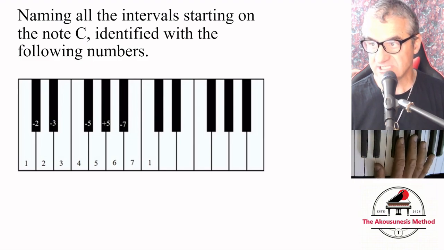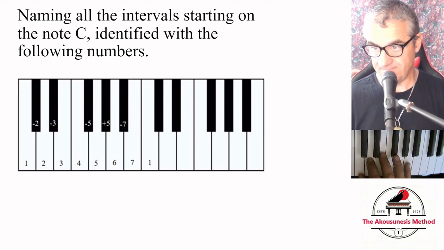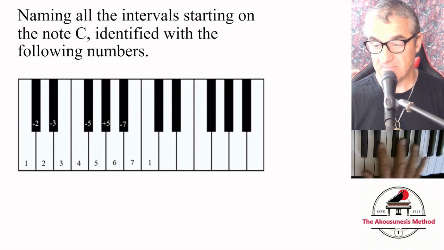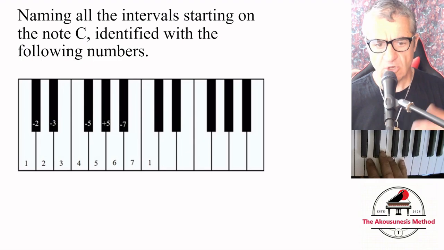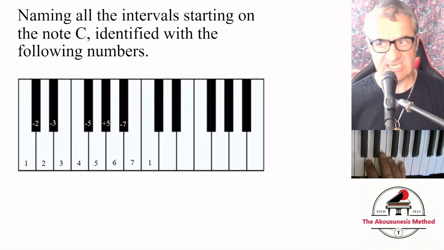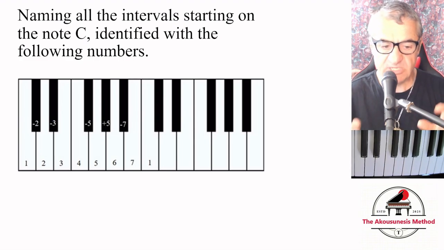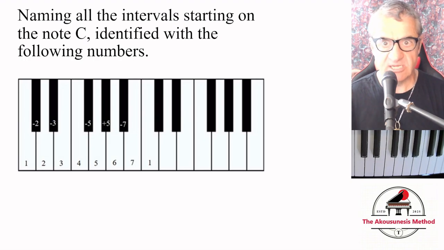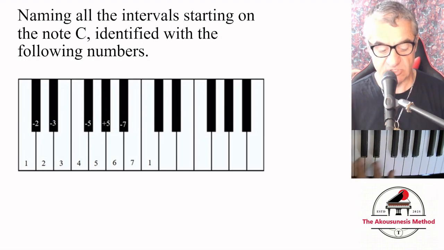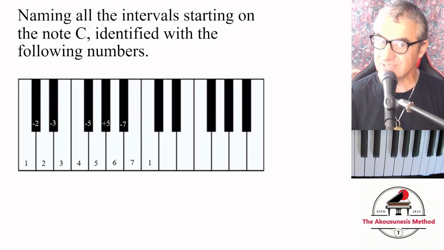And the black notes are named from the white notes, but only in the key of C. You'll see what I mean as we go along. All this stuff will make more sense the more you see it, the more you practice. Now, intervals are the foundation, and we'll be using intervals all the time in the Akousunesis method. So they'll become second nature, and you'll know all your intervals on all the chords as time goes on, so you can play your dream song.